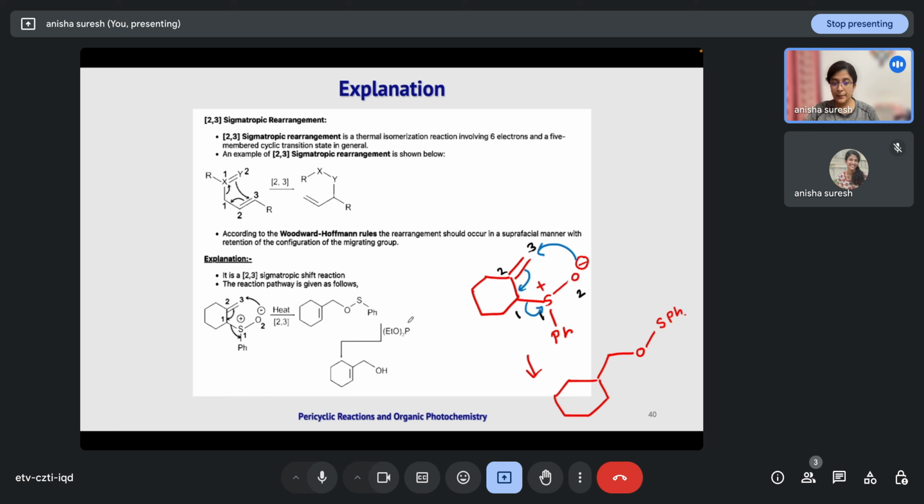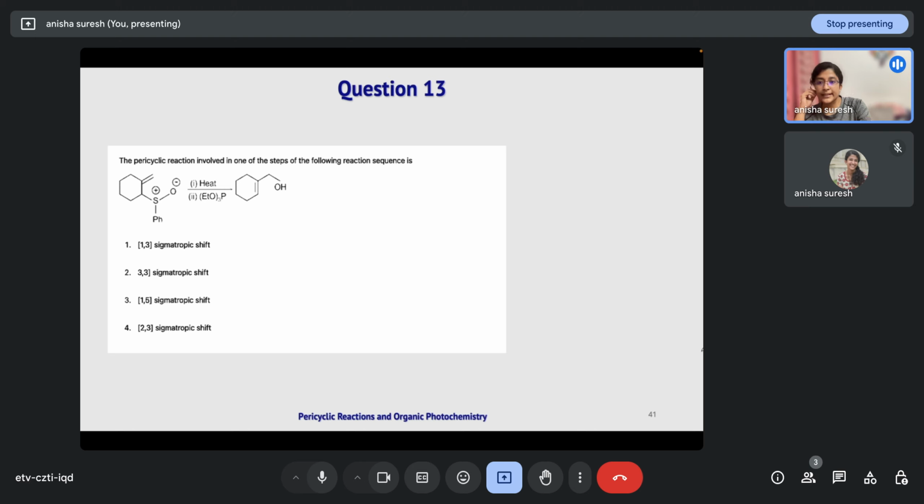Now this P(OEt)3, that is triethyl phosphite, will be removing this SPh, resulting in the formation of OH there. So the final answer to which pericyclic reaction is involved is a 2,3 sigmatropic shift. Any doubts?